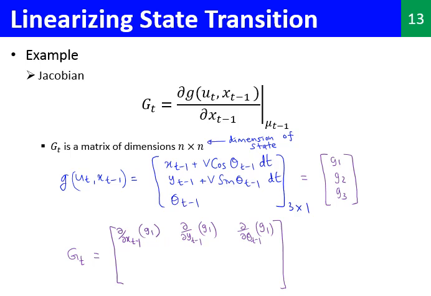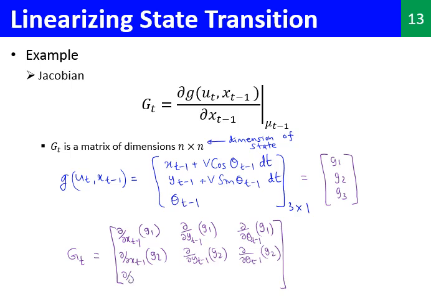Next we take g2 and again take the partial derivative of that with respect to all the elements of x. So we have ∂ over ∂x t minus 1 for g2, again g2 with y, and ∂ over ∂theta t minus 1 for g2. Finally we do the same thing for g3.